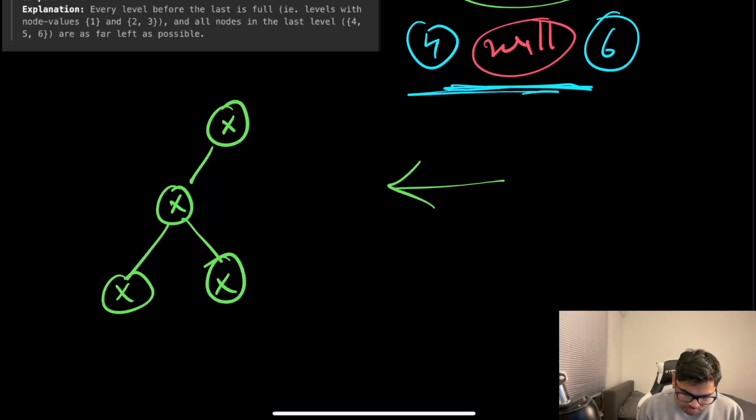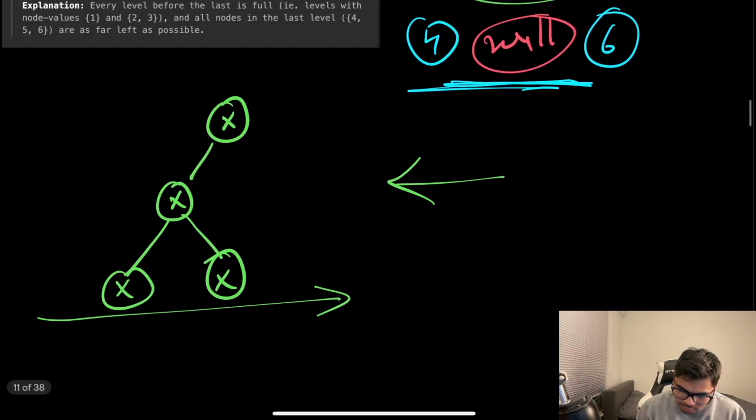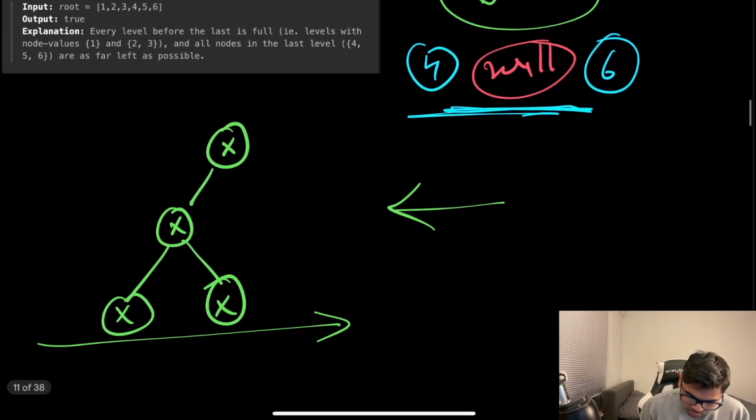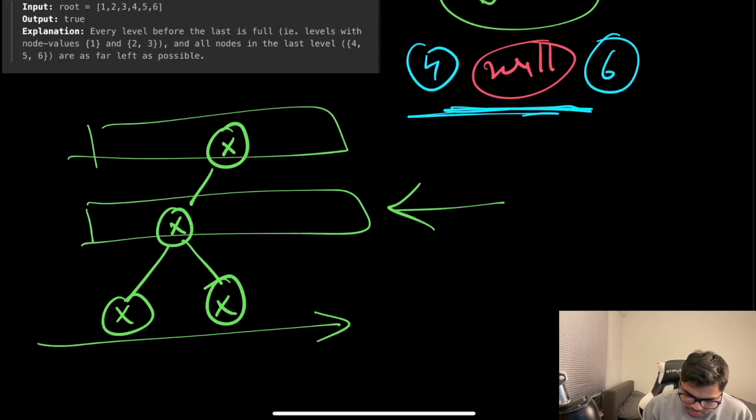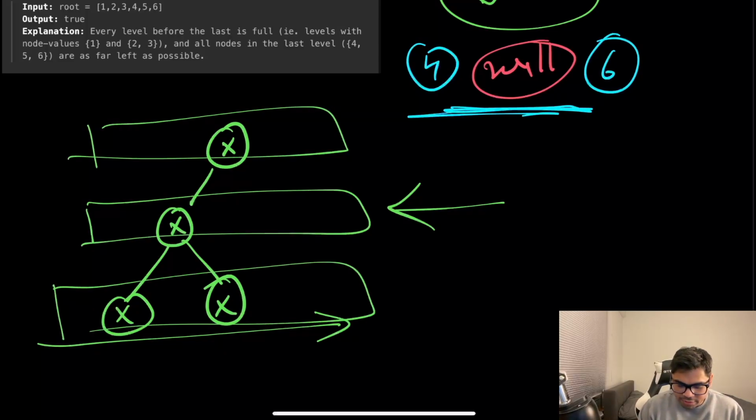So if you see this one, the last level is not the only level that has to be aligned with the definition of a complete binary tree. You have to check at every single level if they fulfill the definition, which is every level has to be completely filled, which is not the case here.